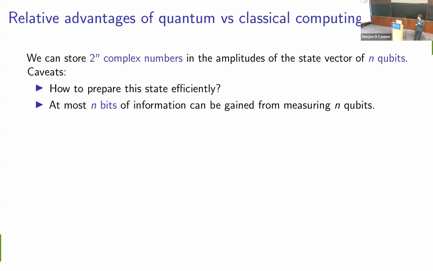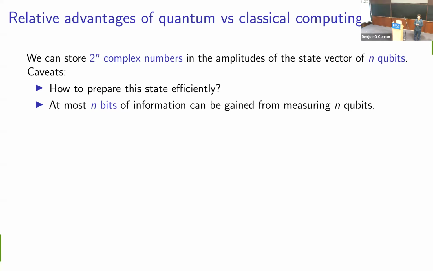And then also, we can't actually read a lot of information out of a quantum state. If we do a measurement on a single qubit, that measurement effectively gives us 1 bit of information. So when we do a measurement using the observable that corresponds to the computational basis, we'll get a result 0 or 1.